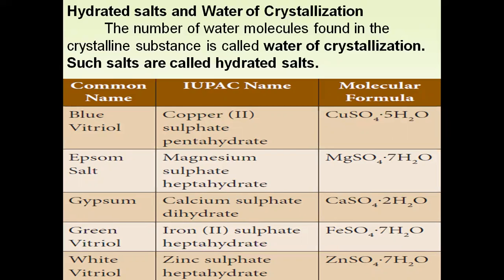Some of the hydrated salts: blue vitriol, whose IUPAC name is copper(II) sulfate pentahydrate. The molecular formula is CuSO4.5H2O. You definitely put the dot, because the dot indicates the water molecules. How many water molecules are present in copper sulfate pentahydrate?